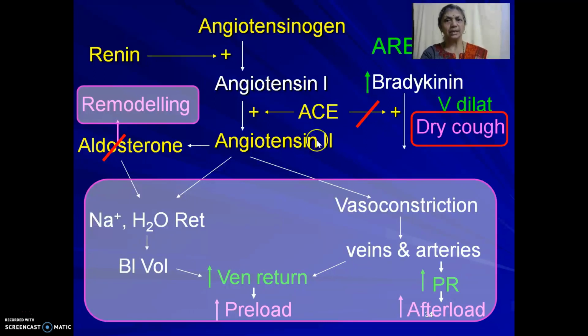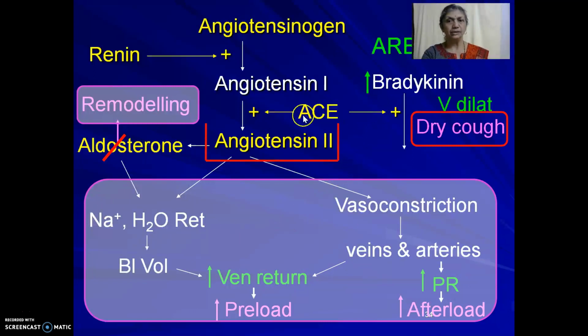But they are blocking the actions of angiotensin 2. They are not allowing angiotensin to work by interacting with its receptors. So ultimately, the effects of angiotensin 2 which we did not want, that is vasoconstriction, sodium water retention and remodeling, that purpose is achieved even with ARBs. Though they are not interfering with synthesis, they are not allowing it to do the unwanted actions.